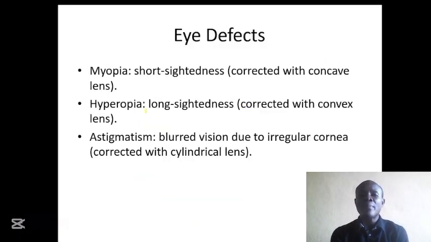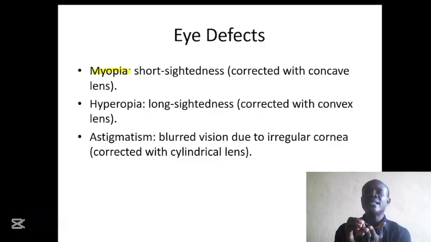Now let's talk about the eye defects. Number one, we have myopia, which is also referred to as short-sightedness. It is caused by the eyeball being too long or the lens being too curved. In myopia, the image is formed in front of the retina.